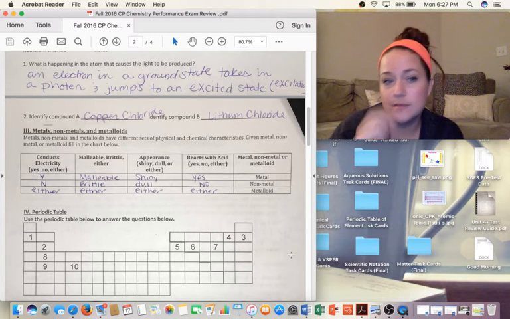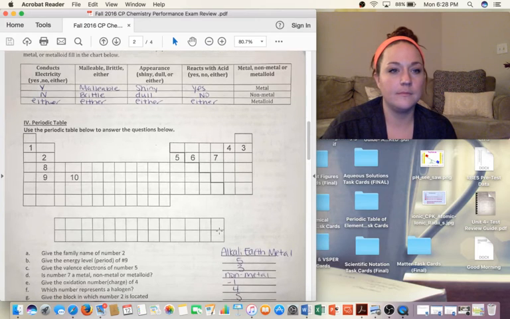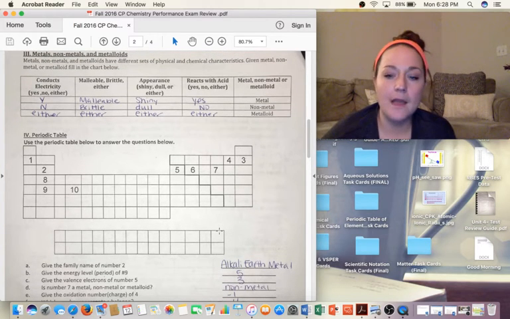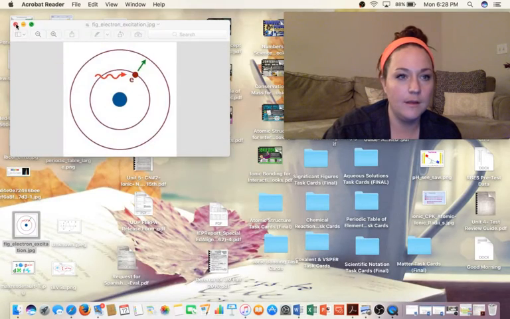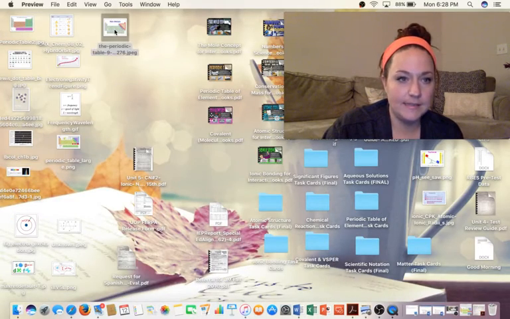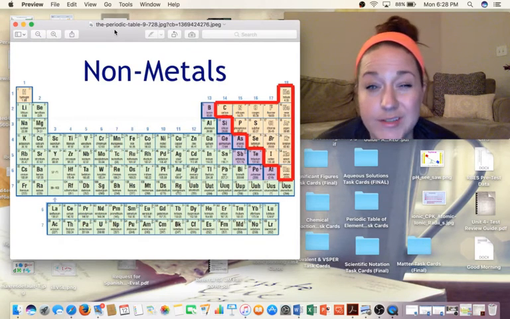All right, metals, nonmetals, and metalloids. So on your periodic table, you should have been discussed where metals, nonmetals, and metalloids are.